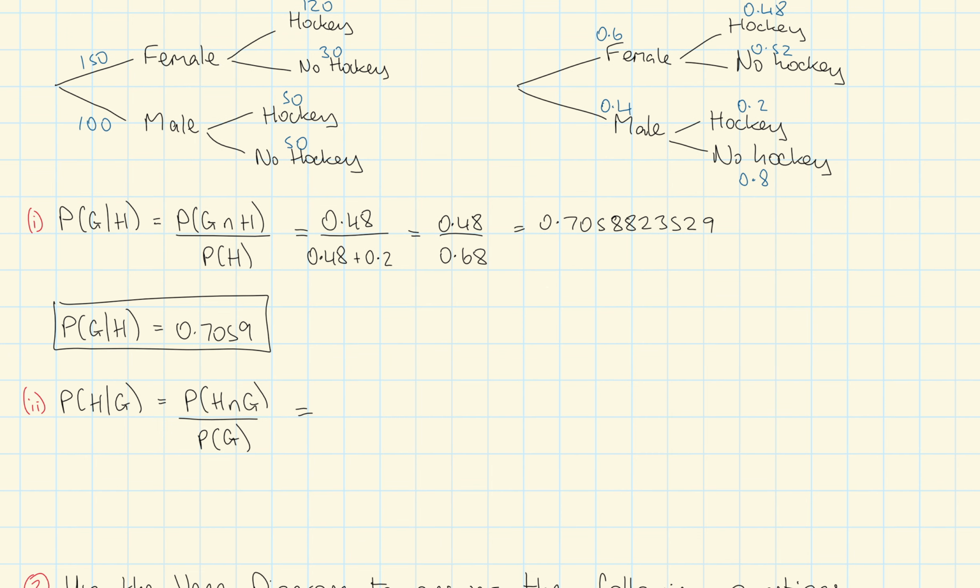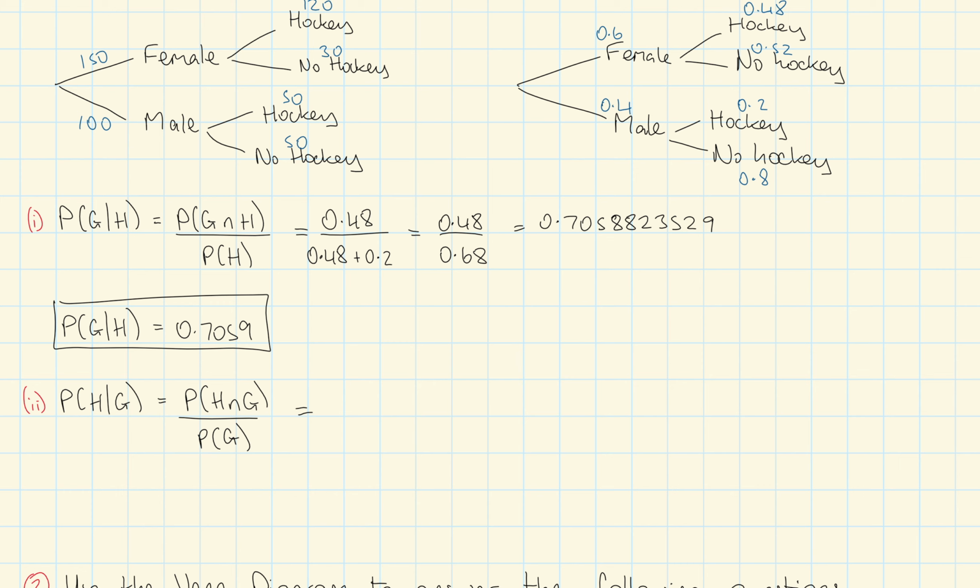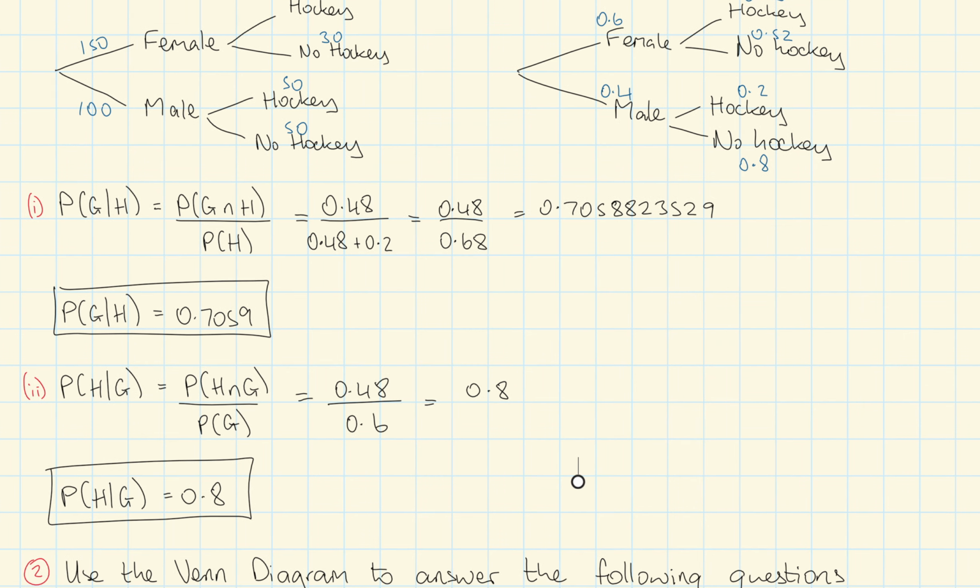We know the probability that they play hockey and are a girl is 0.48, and the probability that they are female is 0.6. Enter in calculators, and we get back 4/5, which is equal to 0.8. And that's example 1 answered.